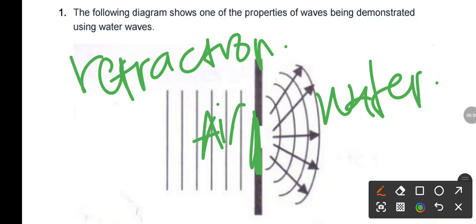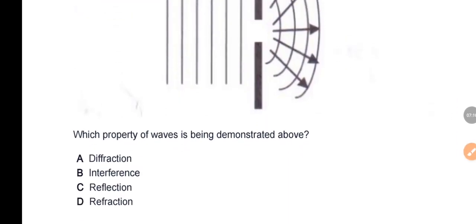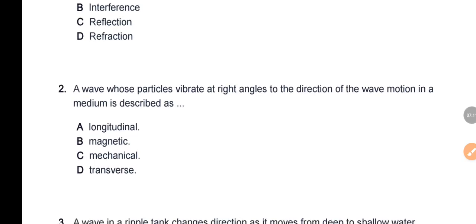When the wave goes from one medium to another and a phenomenon occurs whereby the direction and speed of the wave changes, this is what we call refraction. Okay, so in this case, the best answer was wave diffraction.